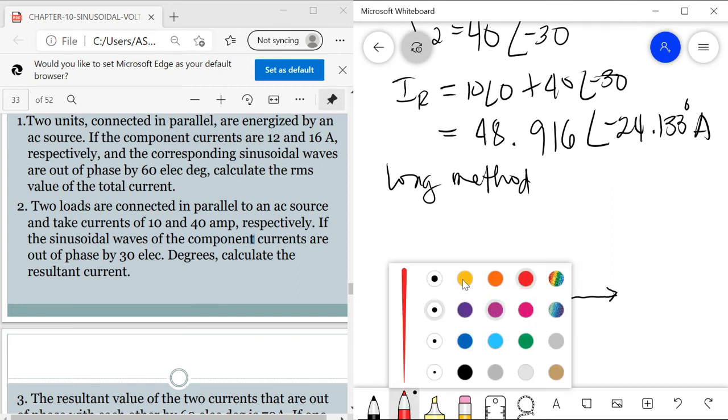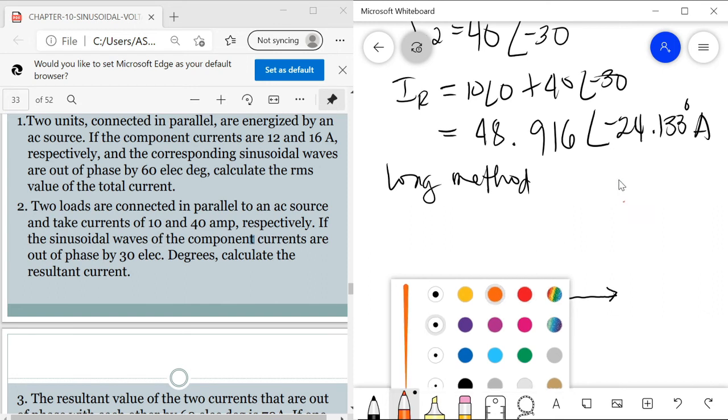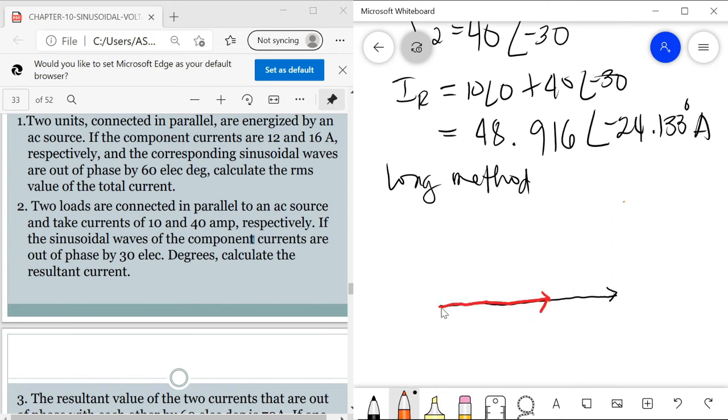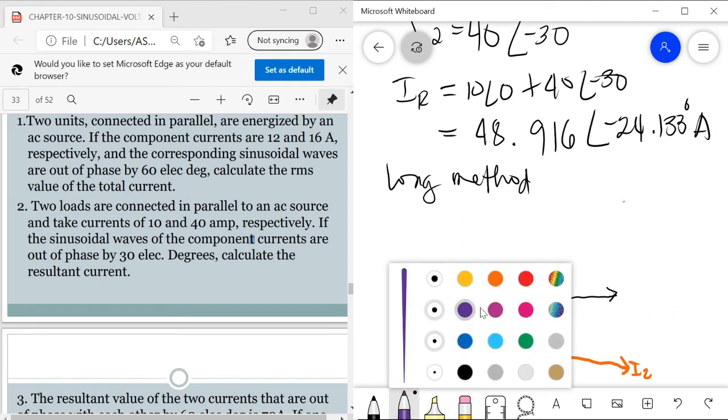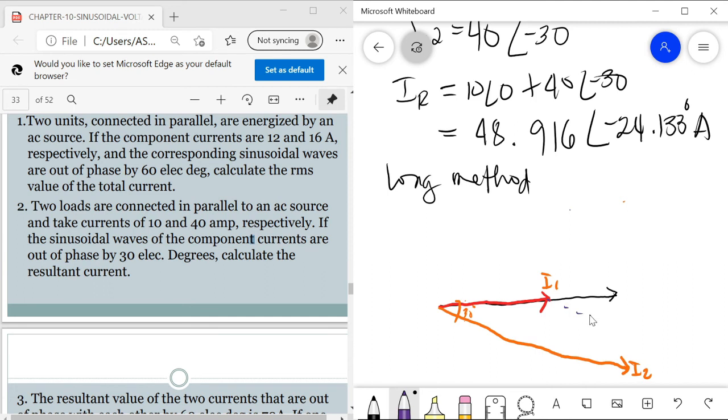Our I2 lags by 30 degrees. So 40 siya, mas mahaba kesa dun sa I1. This is I2, I1 and they are displaced by 30 degrees negative. So if we add these two, there will be a resultant using parallelogram. So ito, tsaka yun. The resultant will be here.